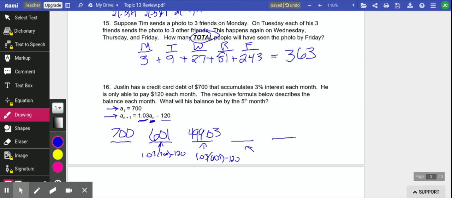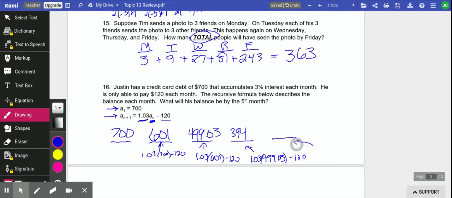Now the next month, he is charged interest on that $499.03, but then he makes a payment. So we're going to do 1.03 times that 499.03, make our payment. And now he owes 394. There are some decimals to that, but I'm just going to round to the nearest cent.